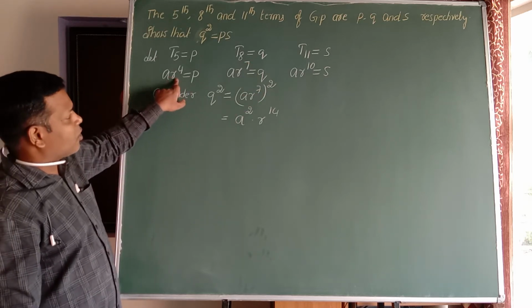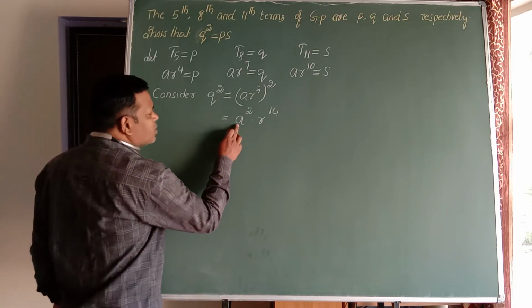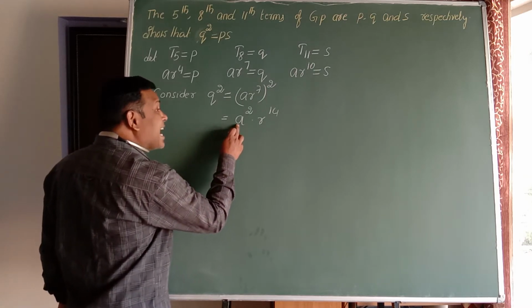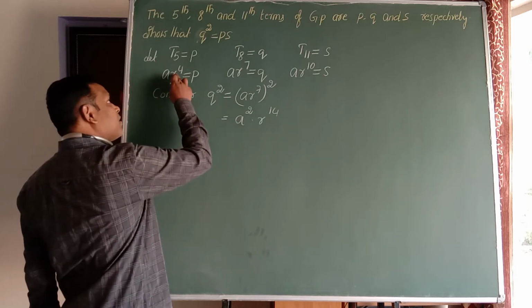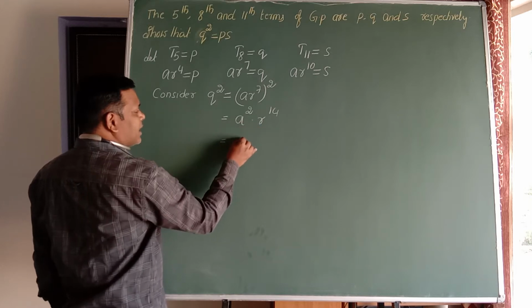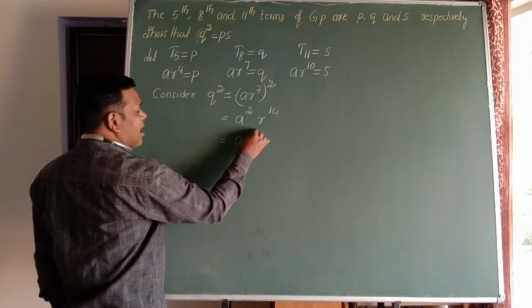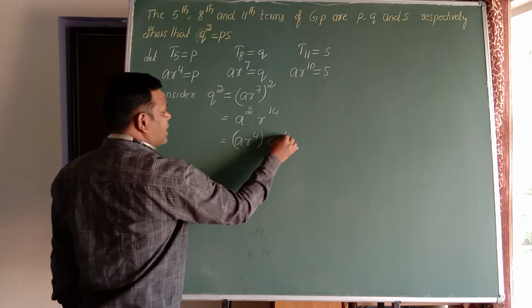A R power 4. What is S? A R power 10. Now A square is taken as A into A. R power 14 can be written as R power 4 into R power 10. So therefore this total thing can be rewritten as A R power 4 into A R power 10.